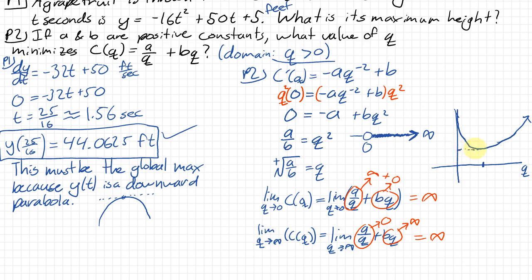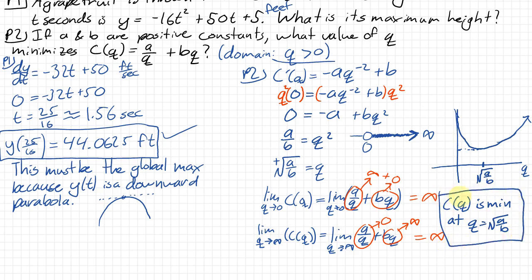You must have a graph shaped something like this based on these limits and the fact that it only has one critical point. So this must be the square root of A over B, and so that minimizes the C of Q. So that's the actual answer to that question.